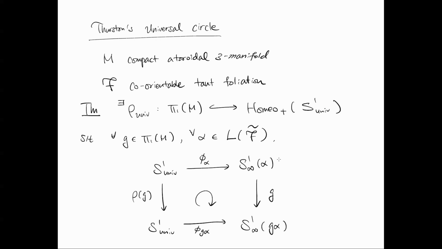In some sense, this action of pi1 on the universal cover, when you see this action at these circles at infinity, is always semi-conjugate to a single action on a single circle. But that's what the universal circle is, and it's called the universal circle for a co-orientable taut foliation.